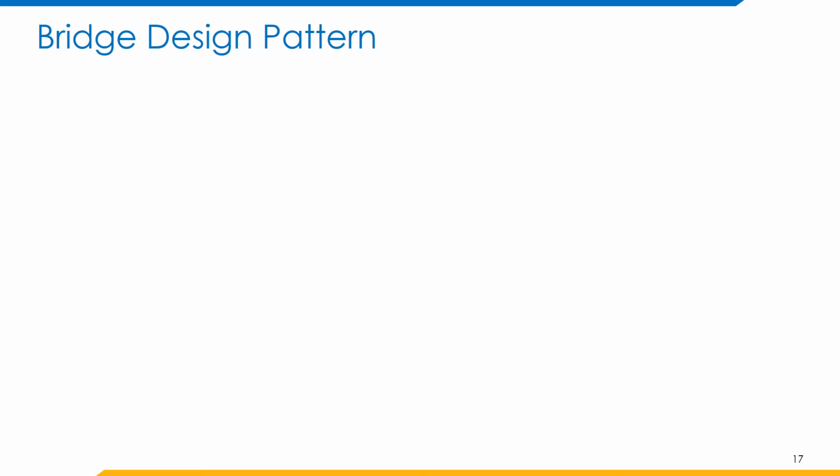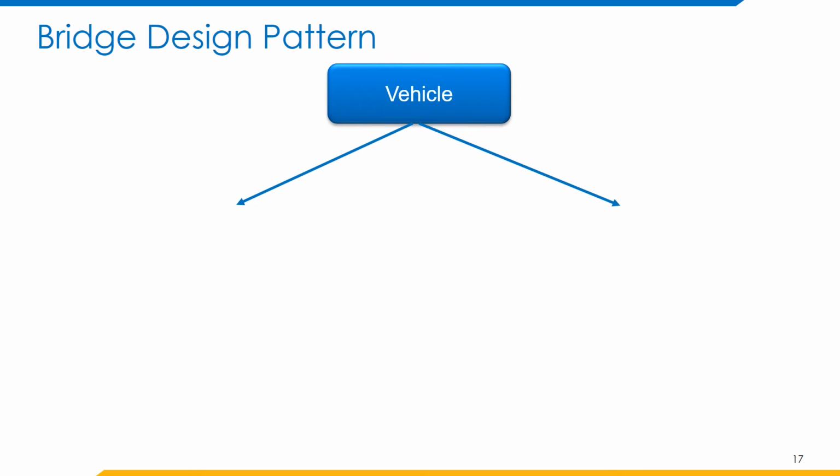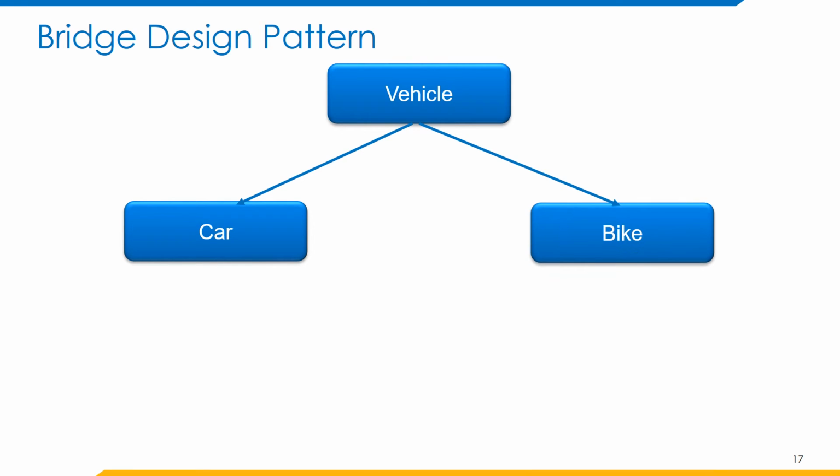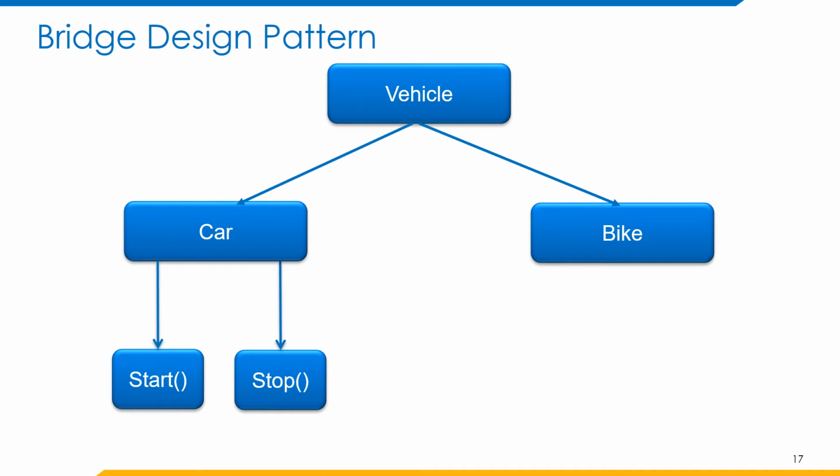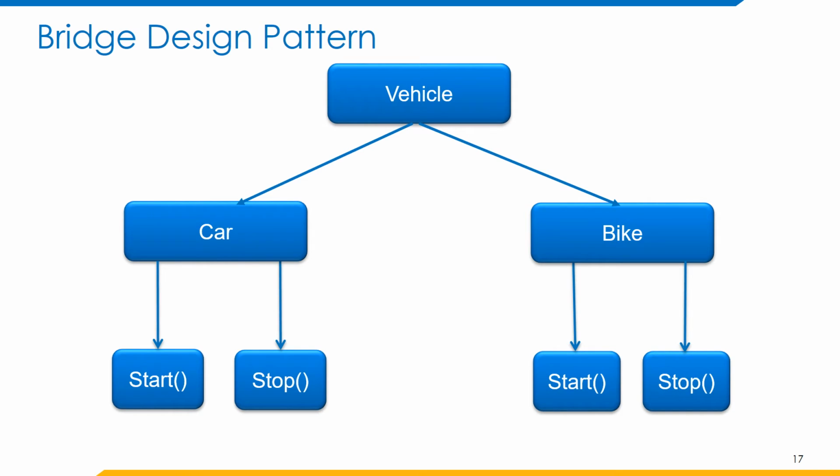For example, if we have a vehicle class with two different subclasses, car and bike, and both have the same methods start and stop but different implementations, it can be avoided by implementing the bridge design pattern.